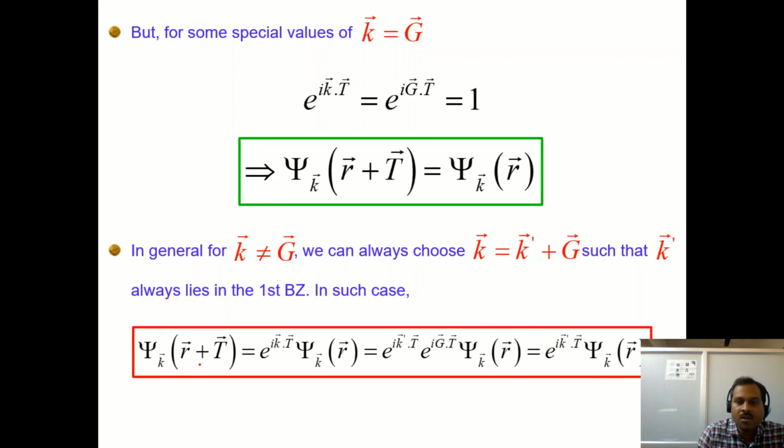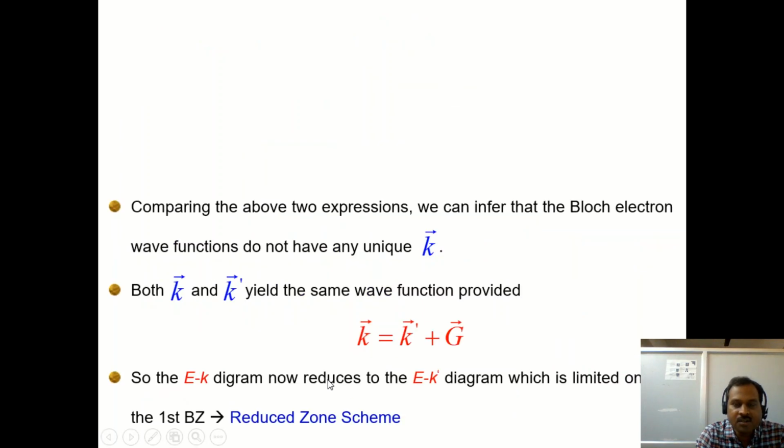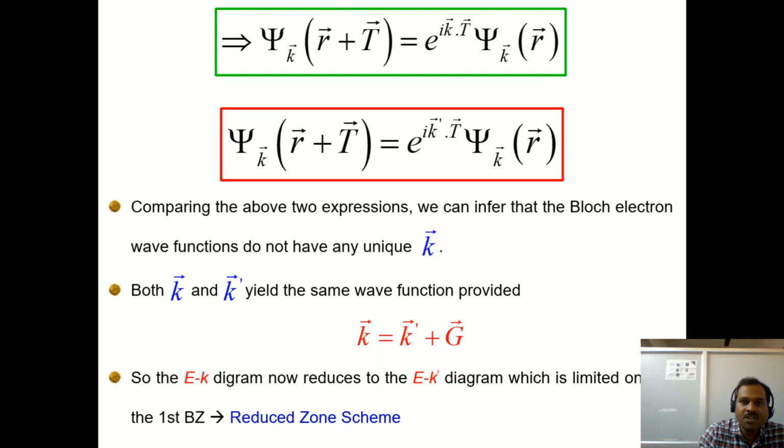Now when we take this wave vector k prime, then our psi_k(r+T) is given as e^(ik'·T) psi_k(r). Now we can see that we already have the relation psi_k(r+T) is equal to e^(ik·T) psi_k(r).